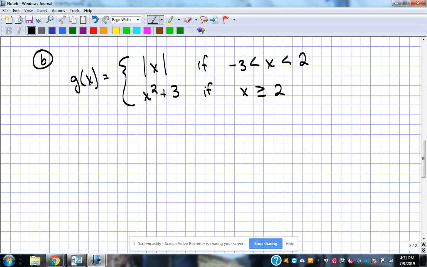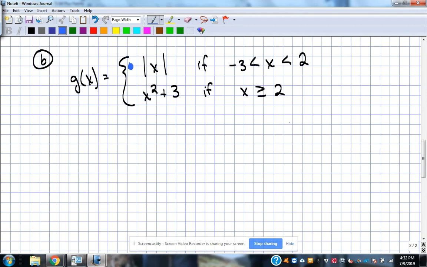All right, so we've got to look at that and decide, okay, where are the important places on these graphs? So the first piece, I'll do everything in blue. It has an inequality that has two numbers on it: a -3 on the lower end and a +2 on the upper end. So that means it's going to have two important points.